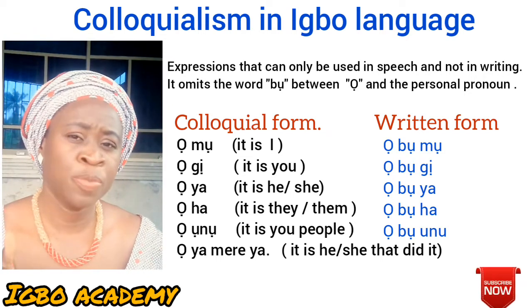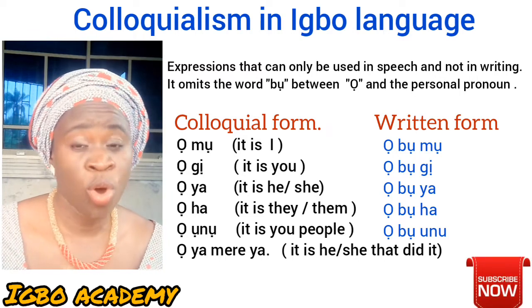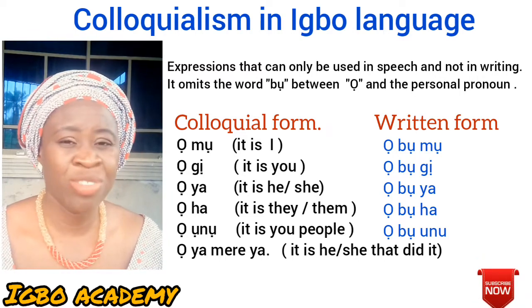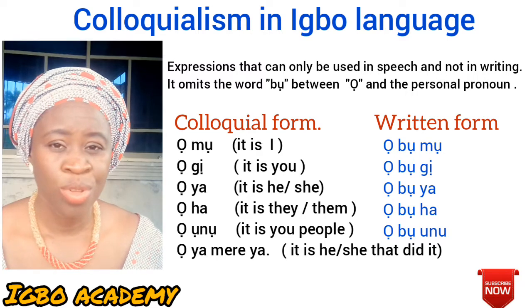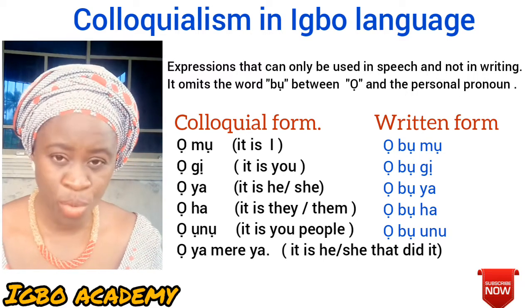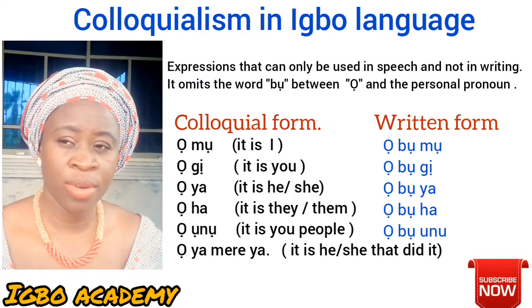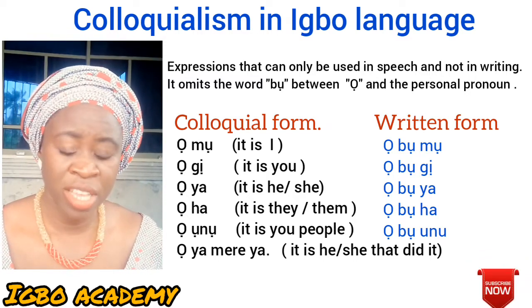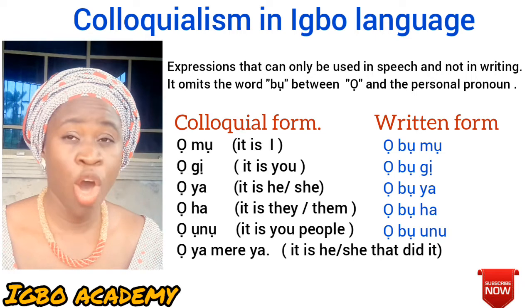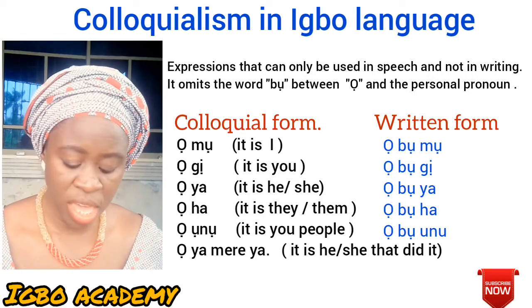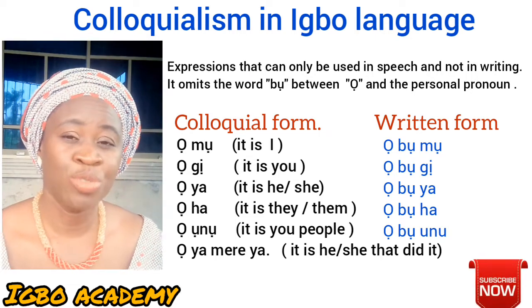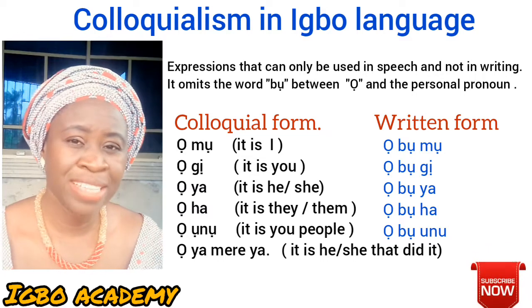So when you're speaking, you can say omu or obumu, but when you're writing, you can't write omu. You have to write obumu. So in speech, in the colloquial form, you can say ogi, but if you're writing, you must write obugi. You can't write ogi.